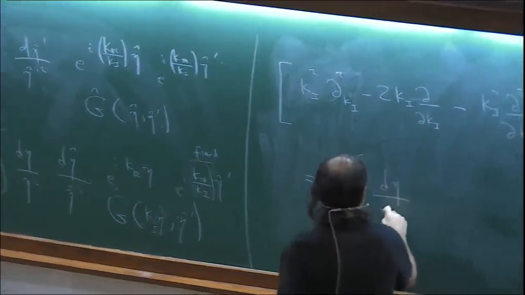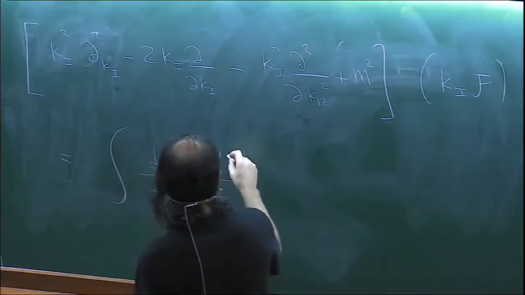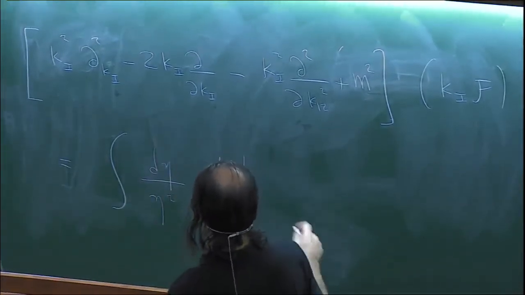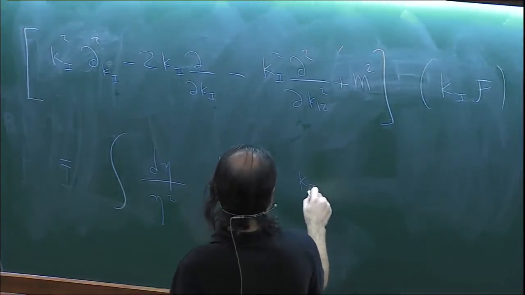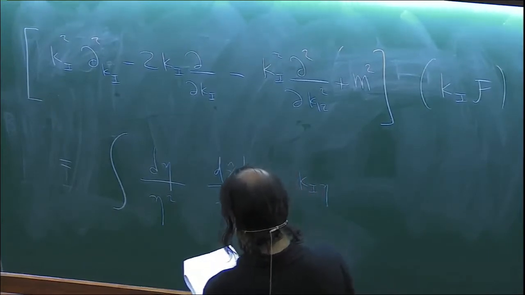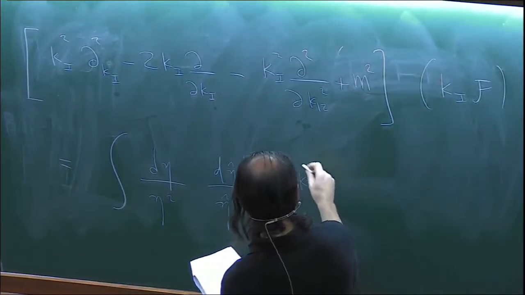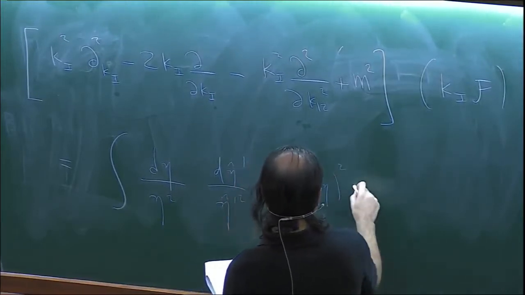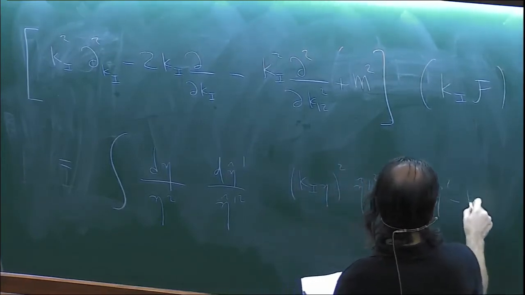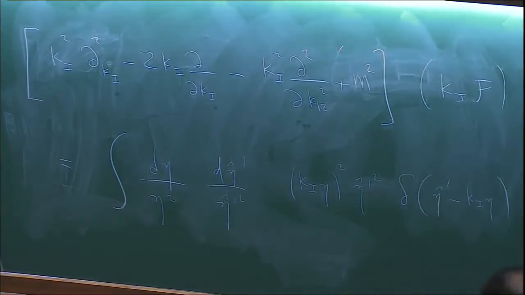So what I'm left with is d eta over eta squared, d eta prime over eta prime, d eta over eta squared, d eta hat over eta hat prime squared, and the delta function was just K intermediate. I get K intermediate, eta squared, eta hat prime squared, delta of eta hat prime minus K intermediate eta. And that's what I got from the delta function.